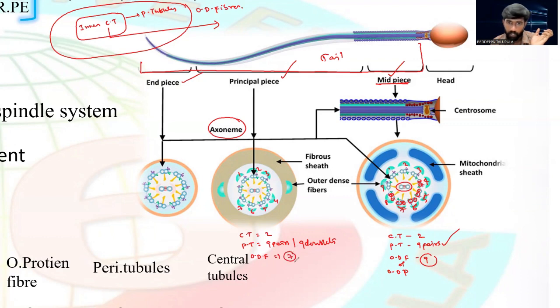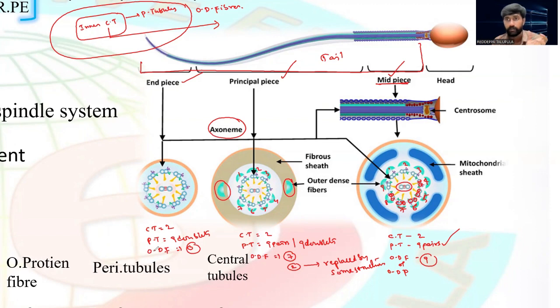Only 7 are present. The remaining 2 are replaced by some structures. Okay. Next, if we come near the end piece and check that one, 2 central tubules will be present. And the peripheral tubules will be 9 doublets. If you talk about the ODF, there is no ODF.